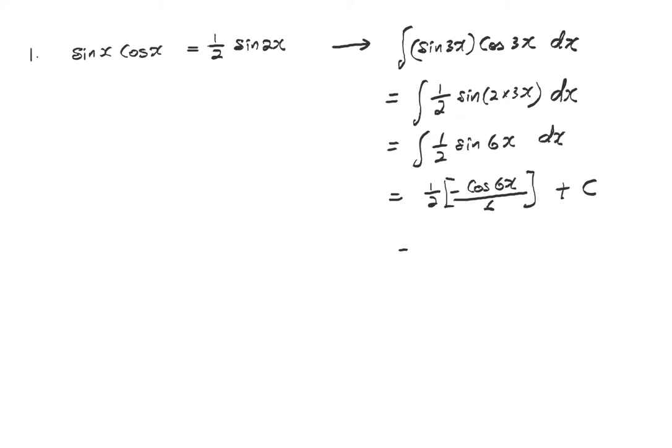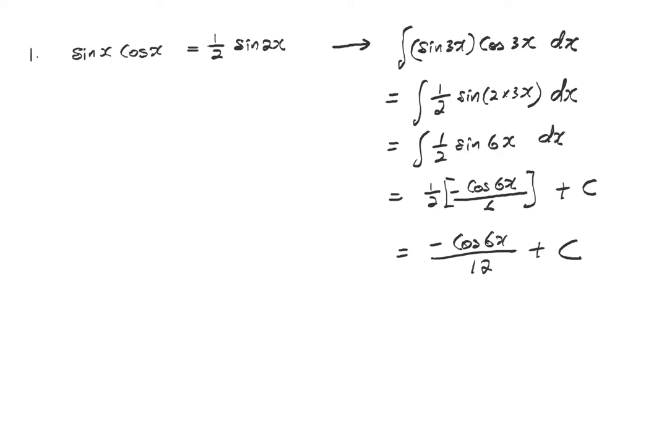So this will be negative cos 6x divided by 12 plus c. You get me? Very important. So this is the first double angle.